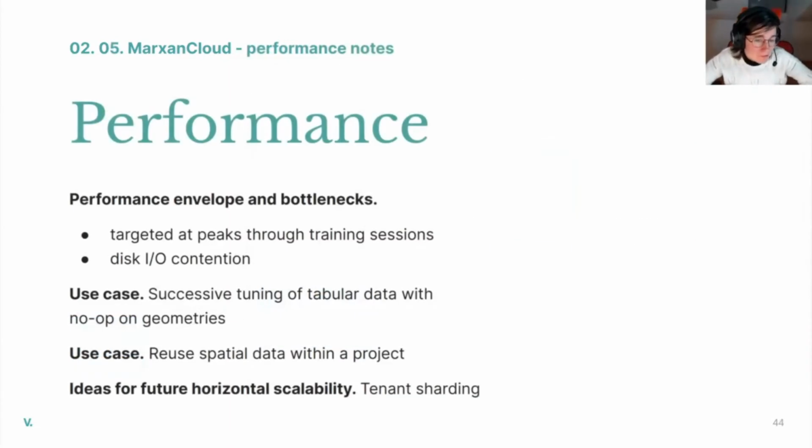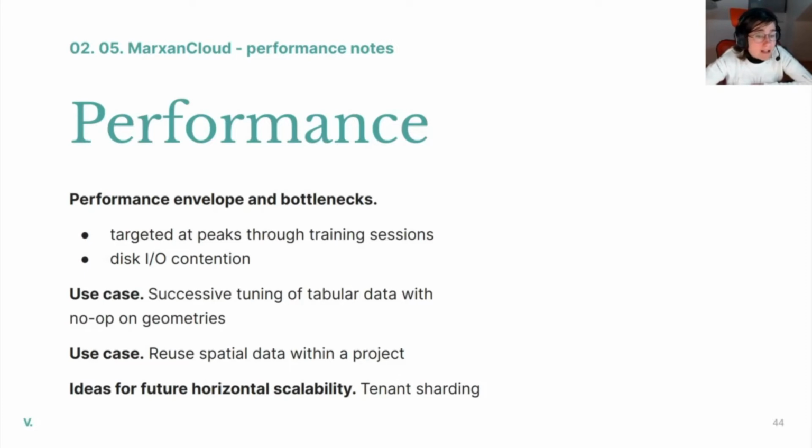Let's talk about performance. Given the expected load profiles and the concrete architecture of the platform, how do we reason about performance envelope and bottlenecks? Well, the worst case scenario that we dealt with is when tens of users cause a spike of concurrent spatial computations.